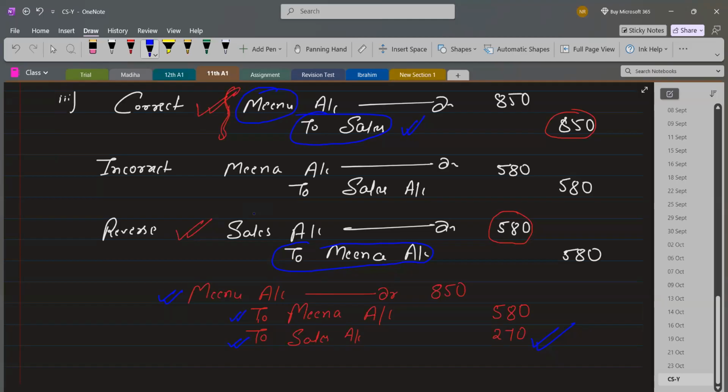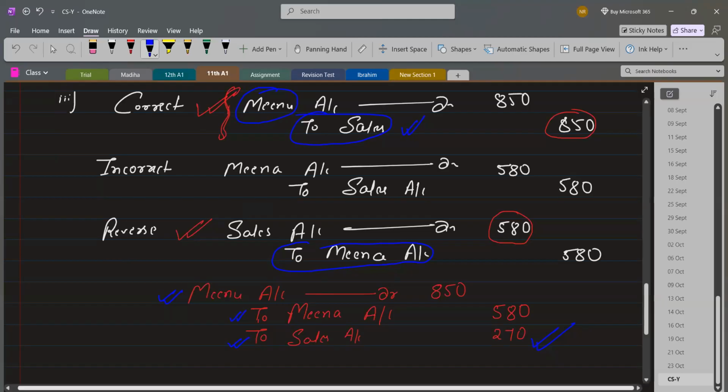Nadia, do you have any doubt in this one, the third one? No, sir. Okay, so Minu account debit to Meena account to sales.